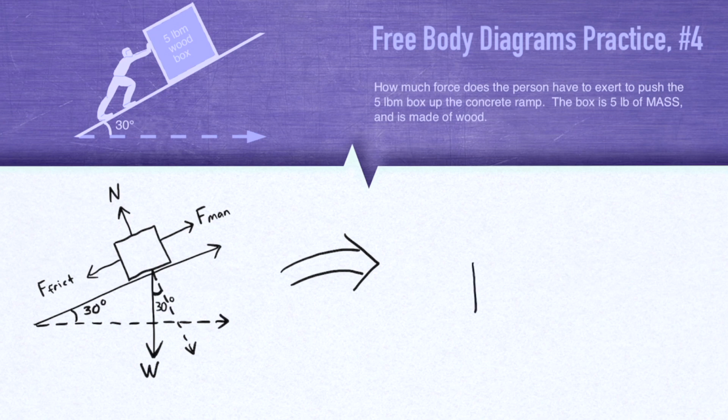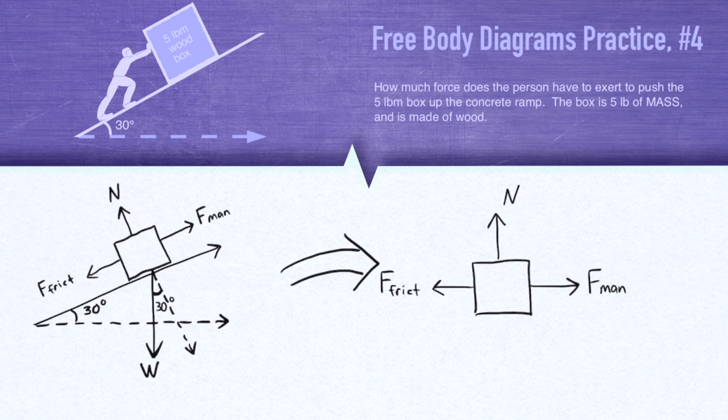So here's the box. Here is the force of the man pushing the box, F subscript man. Here is the force opposing the guy pushing the box, which is the force of friction. Here is the normal force.